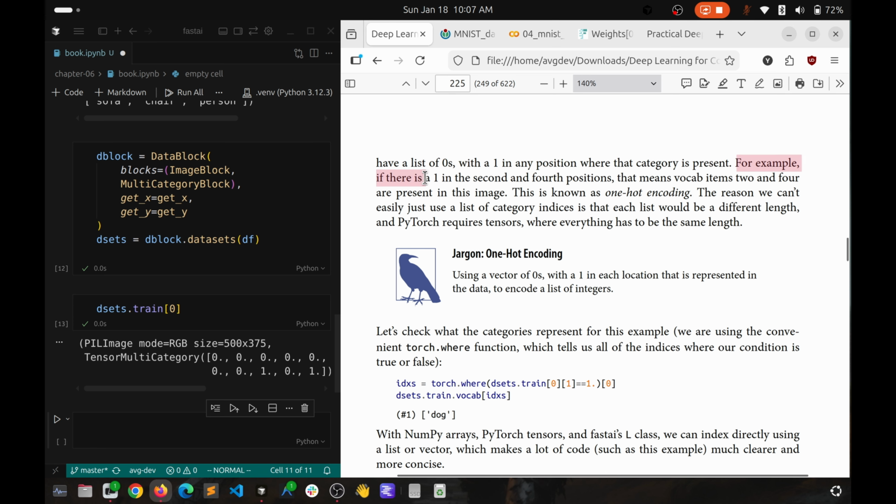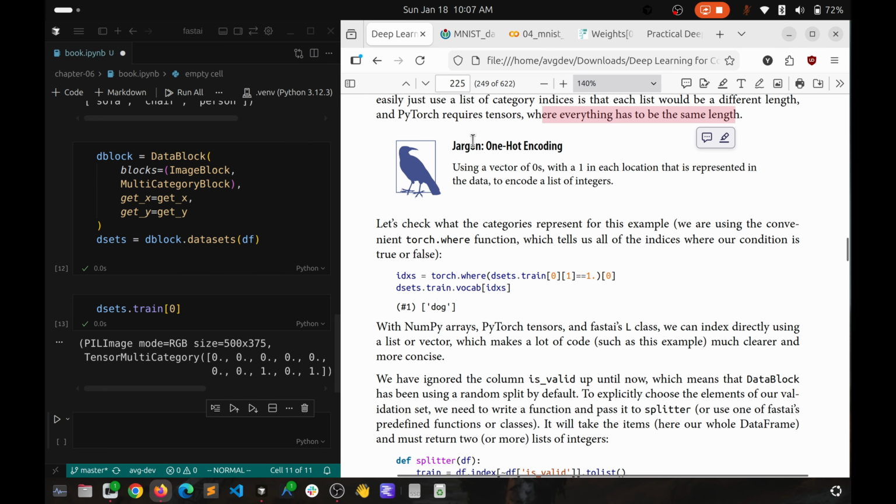For example, if there is a 1 in the second and fourth positions, that means vocab items 2 and 4 are present in the image. This is known as one-hot encoding. The reason we can't easily just use a list of category indices is that each list would be a different length, and PyTorch requires tensors where everything has to be the same length.